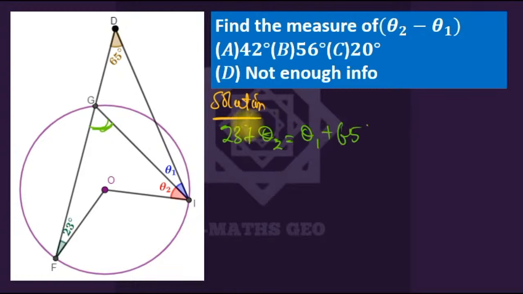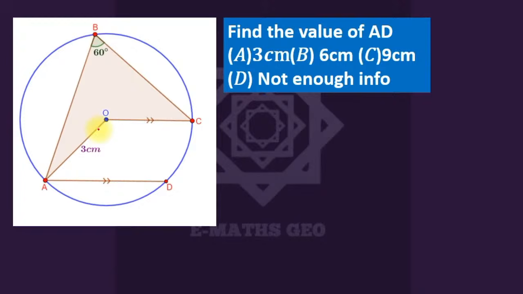So we're asked to find theta 2 minus theta 1, which is 65 minus 23. So our answer, we'll see that this should be 120, yes, using inscribed angle theorem. So that's the first thing.